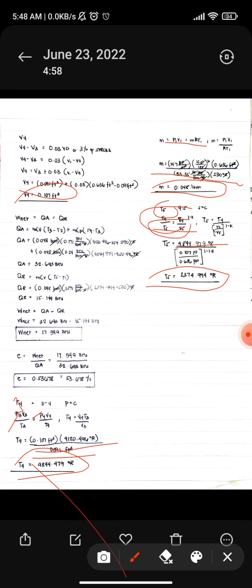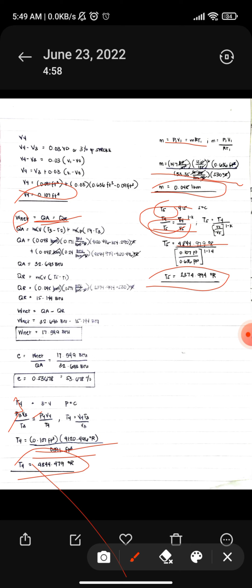And now solve naman natin for the ating W net. So W net is equals to QA minus QR. So solve muna natin yung ating QA. QA we have formula na M CV times T3 minus T2 plus M CP times T4 minus T3.